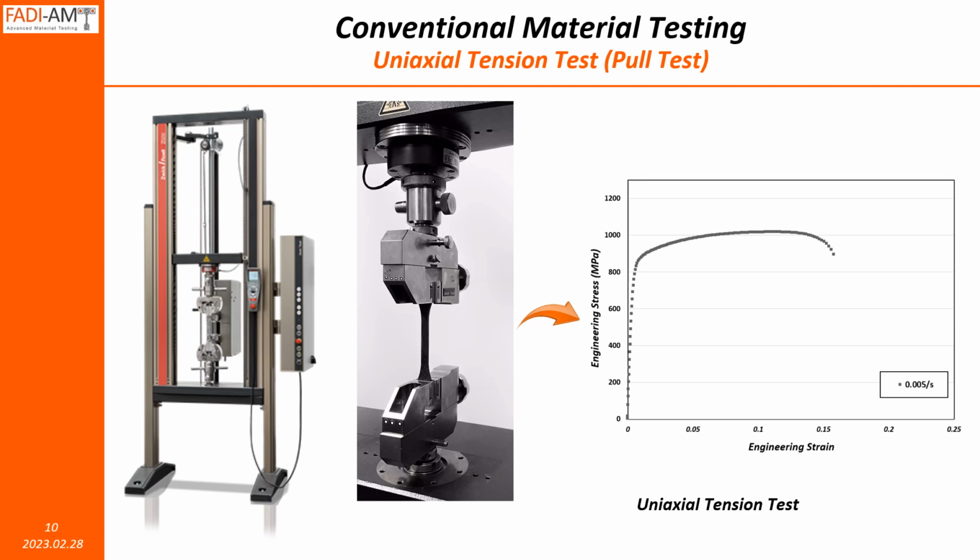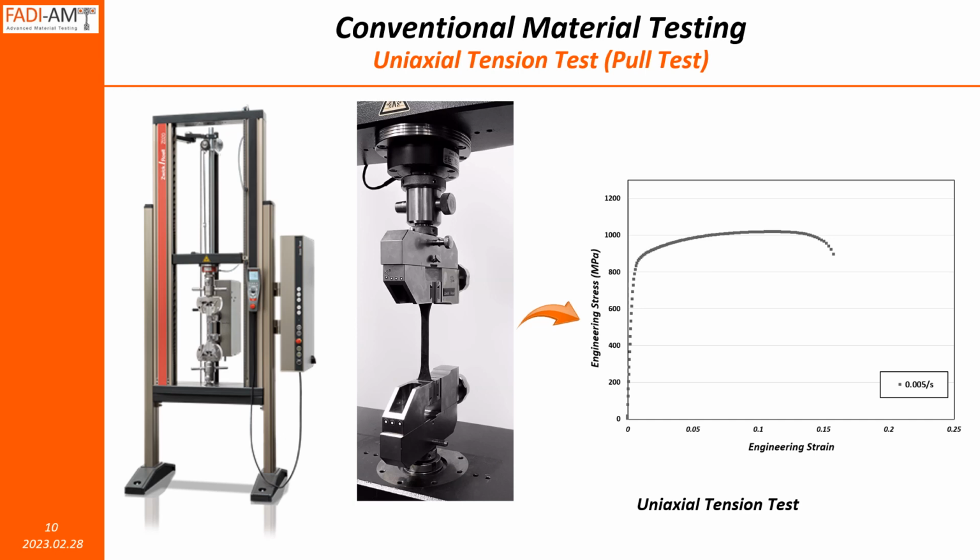Most likely it was in the first year of engineering when we were made to sit in front of a big giant machine, something called a universal testing machine or a load frame, as shown in the image here, where the technician was pressing some buttons, pulling a sample, and trying to generate a curve which looked something like this in this image.